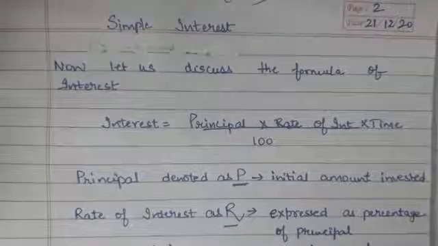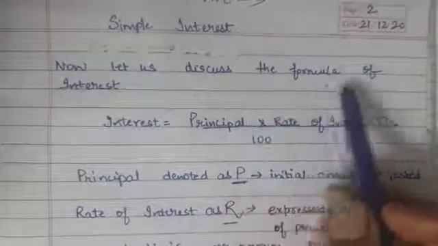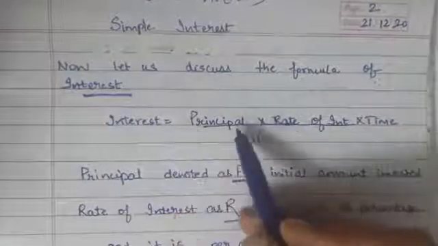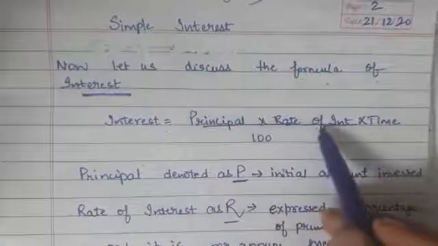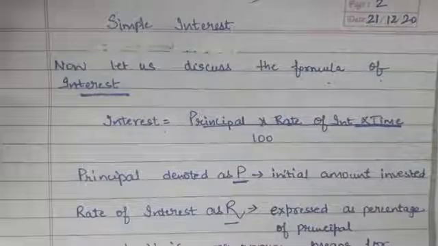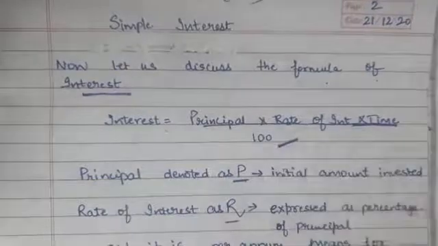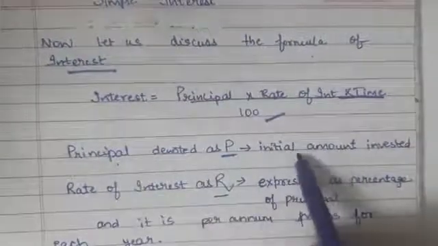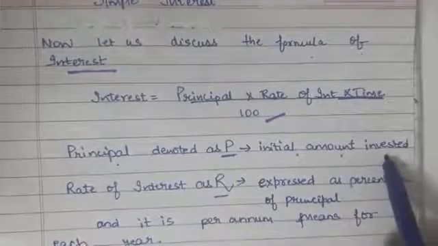Now, let us discuss the formula of interest. It is equal to principal multiply rate of interest multiply time upon 100. Principal, that is the initial amount invested.